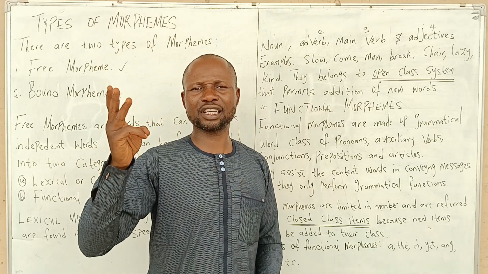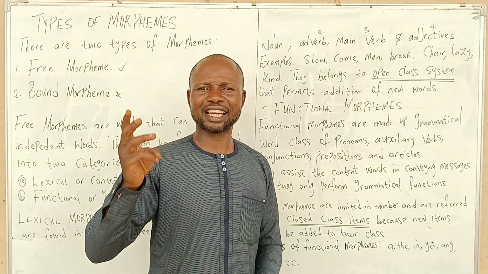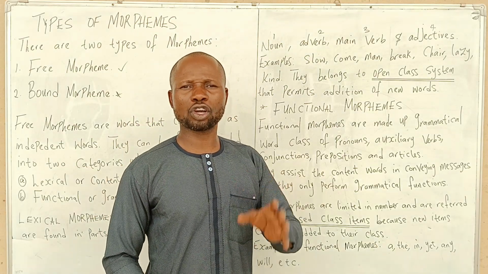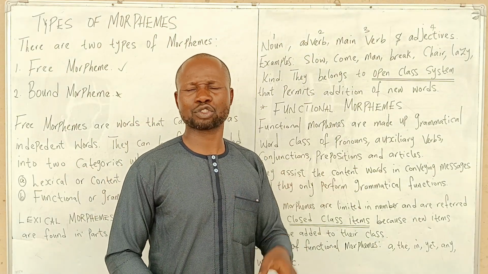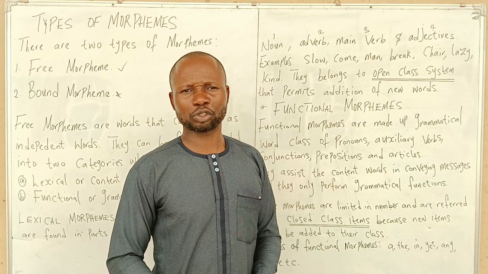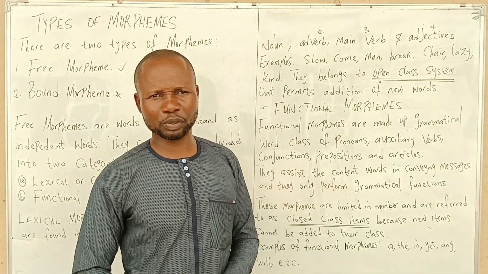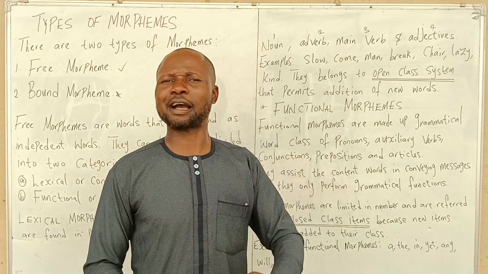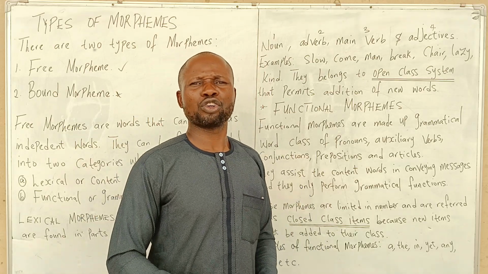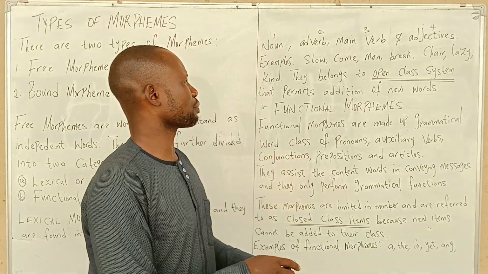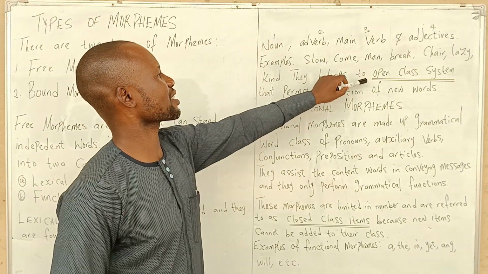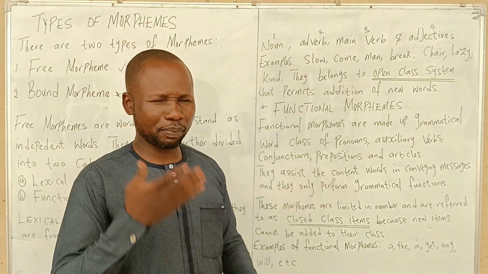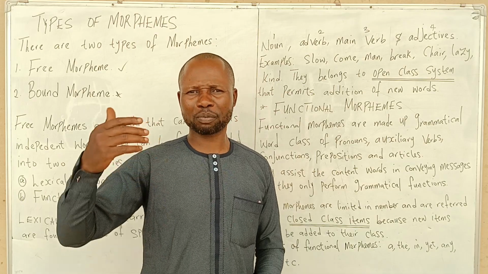The is a definite article, a and an are indefinite articles. Nothing can be added to that class of parts of speech. But some people say articles are not parts of speech, but I say they are parts of speech. So you can see now that this one belongs to what? Open class. Even if you check verbs, we can still add some things.